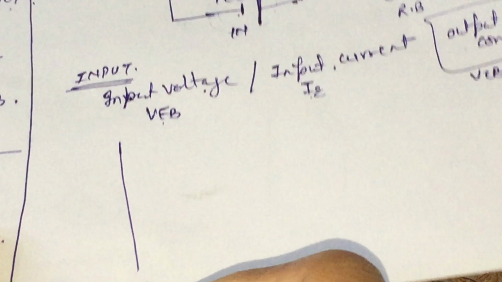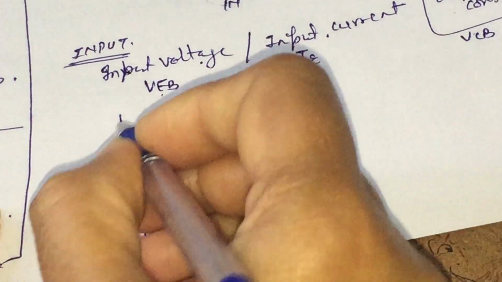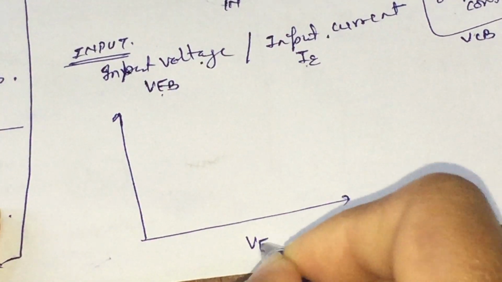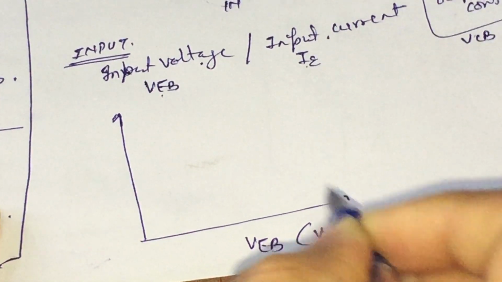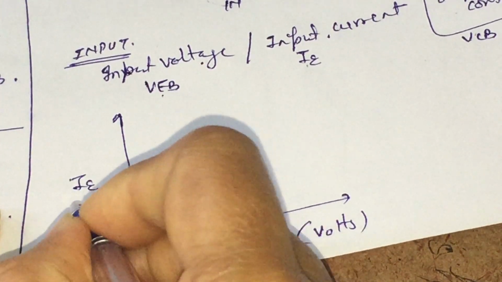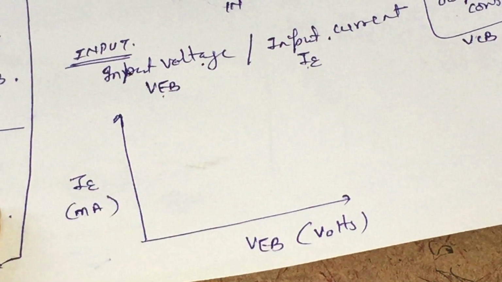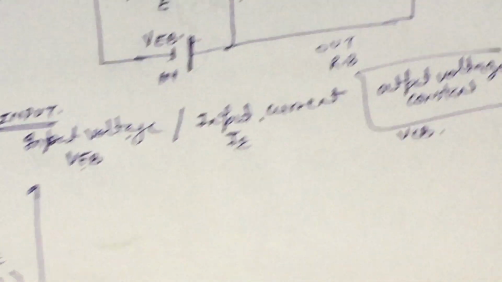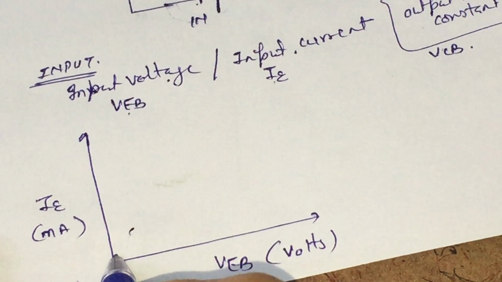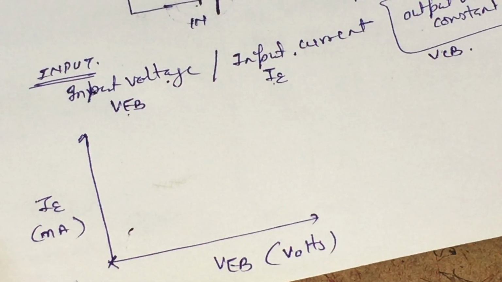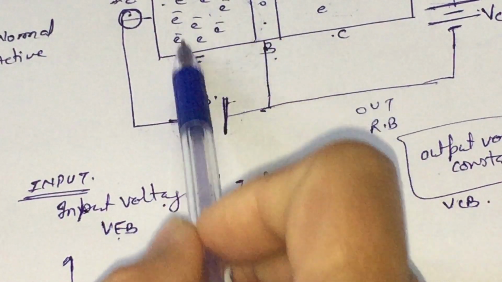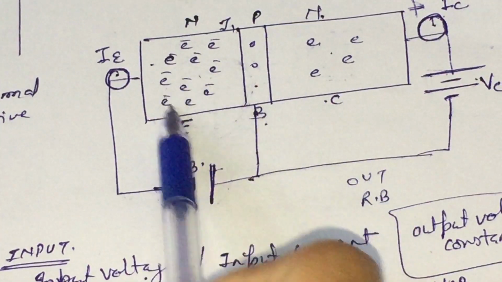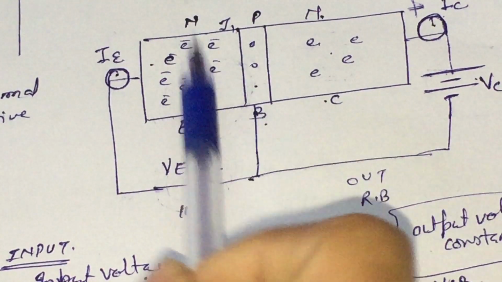We will draw a graph between the applied voltage, that is VEB in volts, and the emitter current in milliamperes. When there is no input voltage, there is no input current, because this region is behaving like a forward biased PN junction diode.